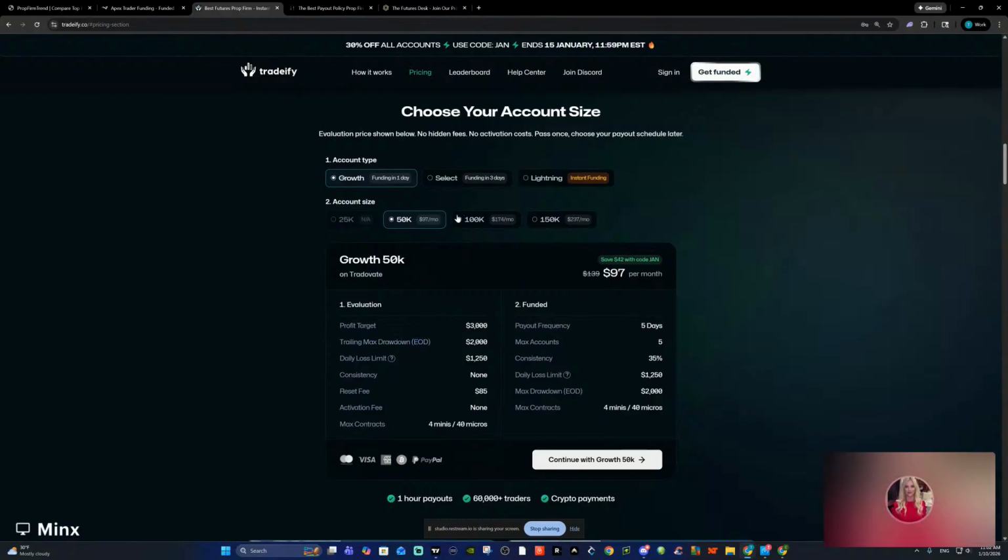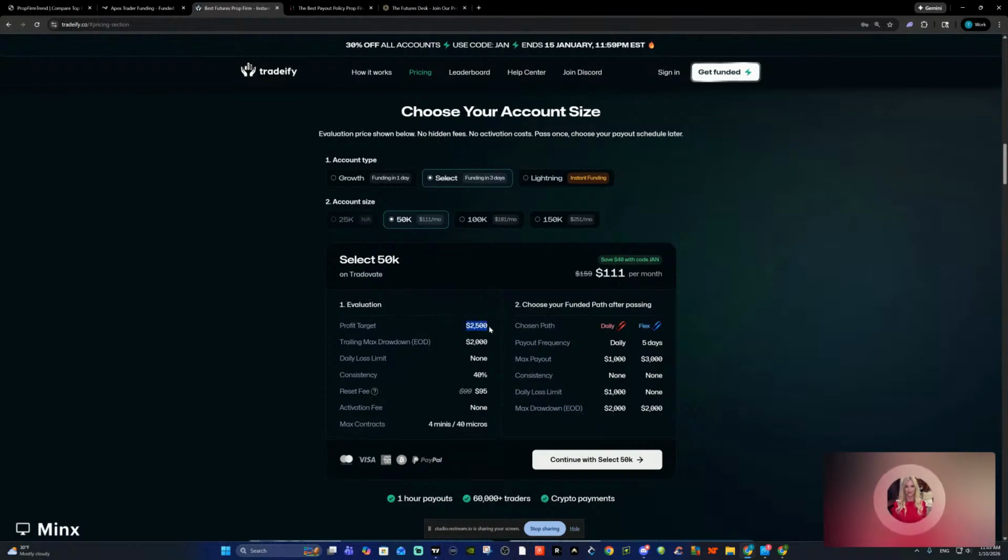If you use their Select, you can pass this account within 3 days. So all you need to do is meet, for example, for a 50K account, your profit target is $2,500. Your end of day trailing is 2,000. So what this means is that if you make 2,500 bucks over the course of 3 days, you will be funded.